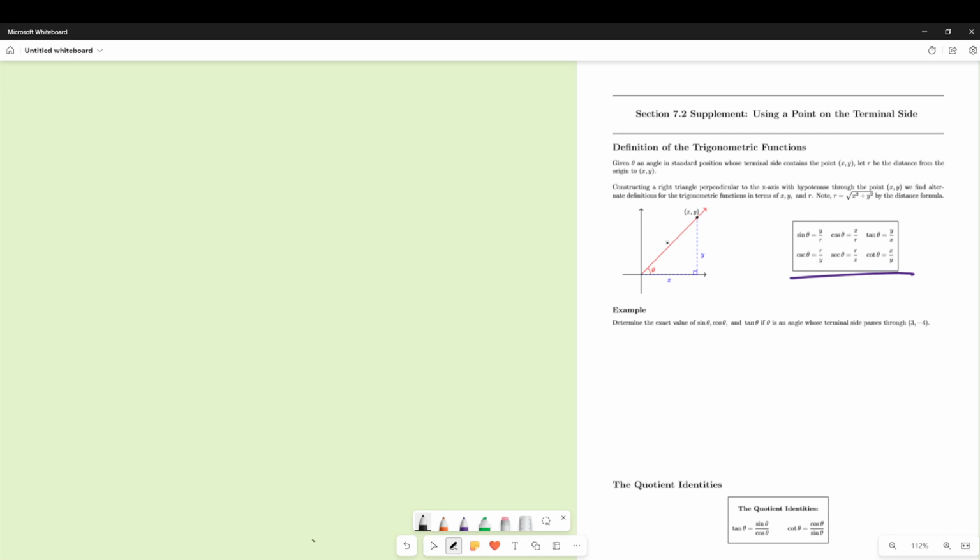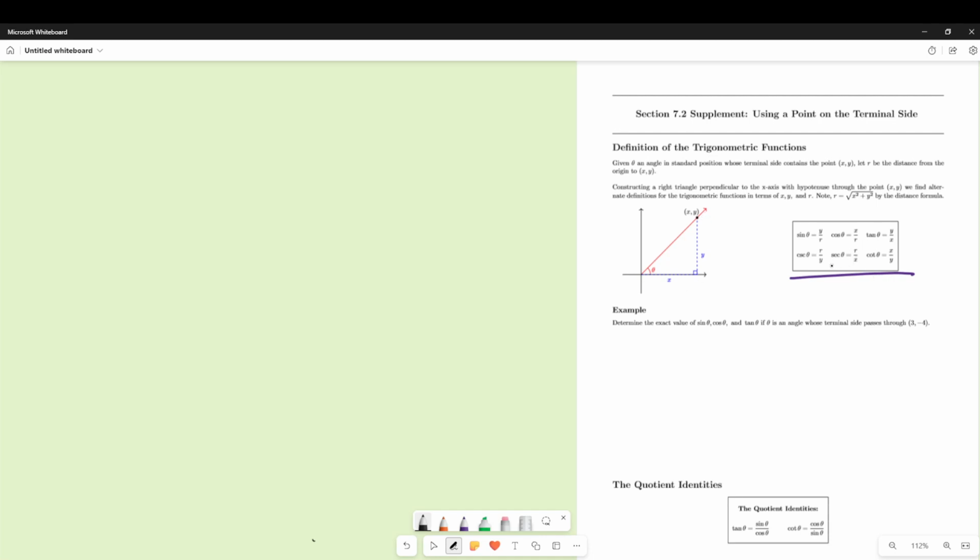In ratio to the radius of the circle that would exist, again, this would be our radius r in our circle. So that's where these definitions come from: our sine, cosine, and tangent values can all be related to these x and y values.